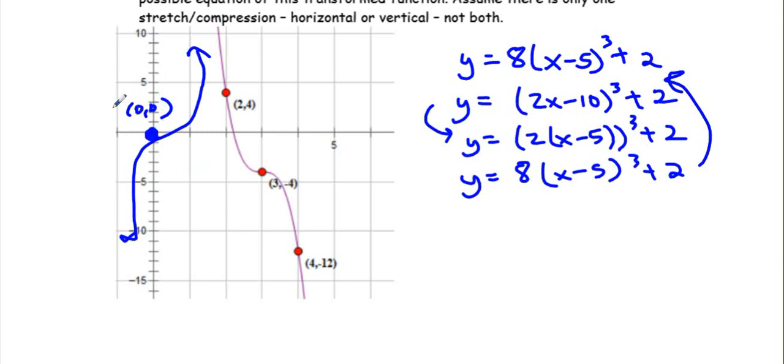The only thing that affects this point is the horizontal and vertical translations. So we know that if we can figure out which point this is, then we have the actual horizontal and vertical translations. This looks like the point where it flattens out and turns.